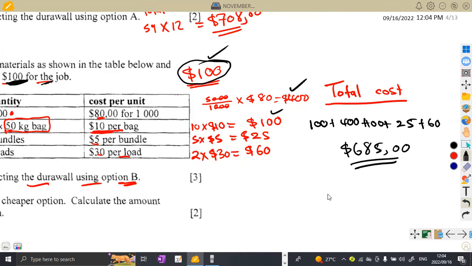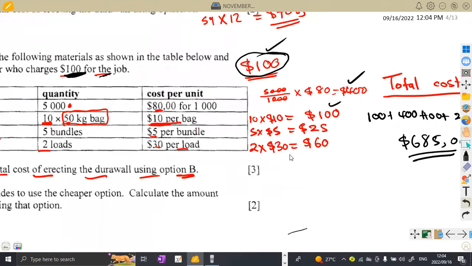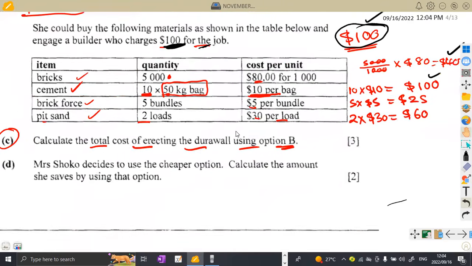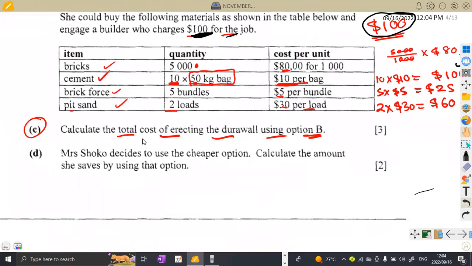I just hope we have got all the values. Okay, so make sure that you include this one. So it's 685. That is what we had, not 585, but 685. So it means I didn't include this 100, but the 100 is there. So which means on option B, 685.